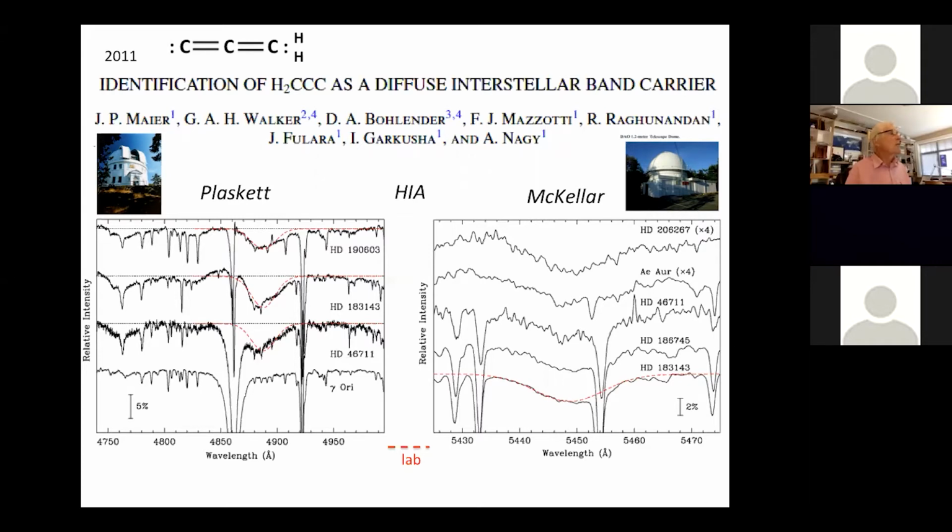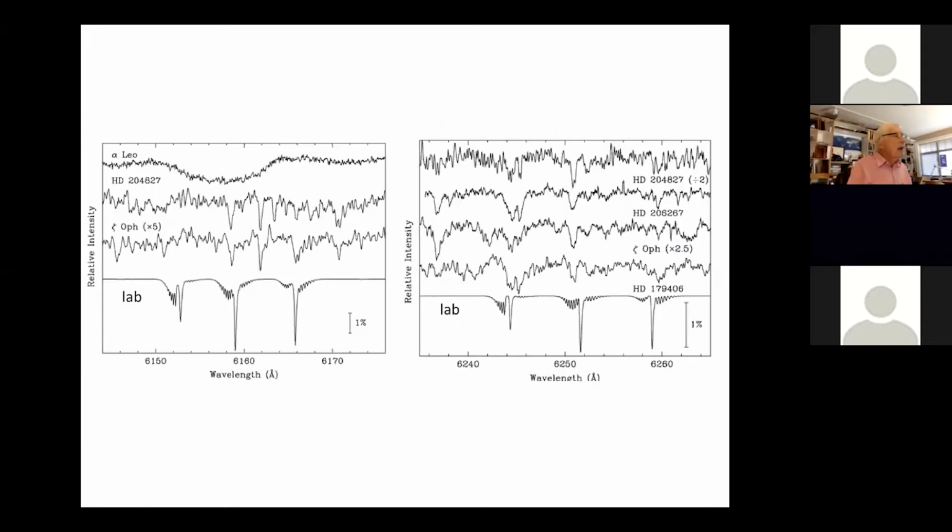These were done both with the Plaskett and McCullough telescopes, but in order to be sure, we had to see certain triplet lines which were in the red. And in this case, we could not see them. It was not just a quality of our spectra, although in my case, I thought we could see traces there, but they were far too weak.